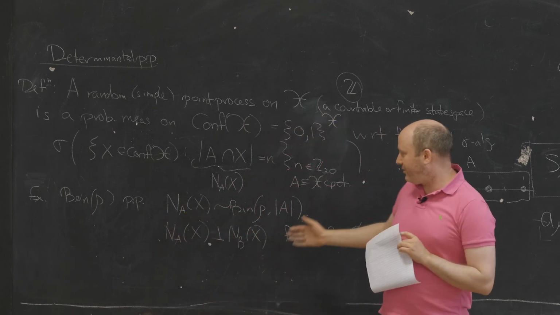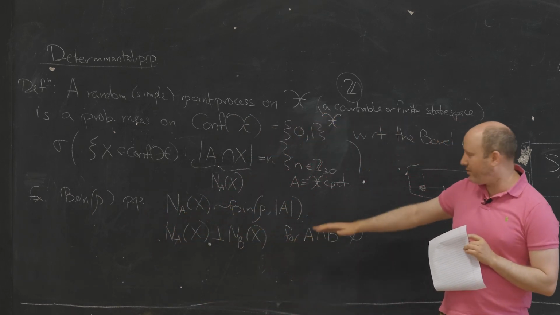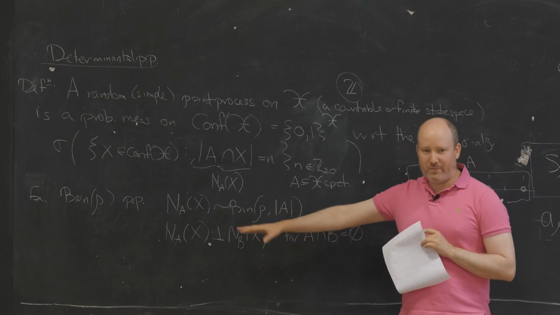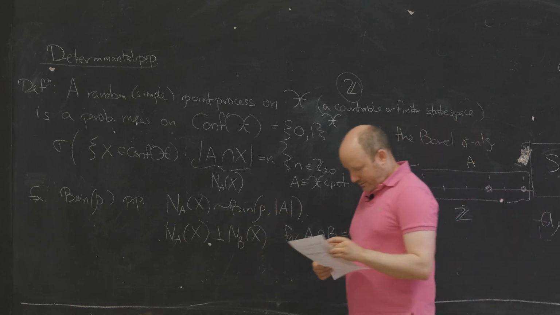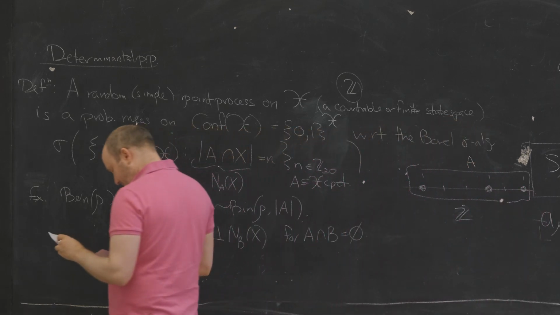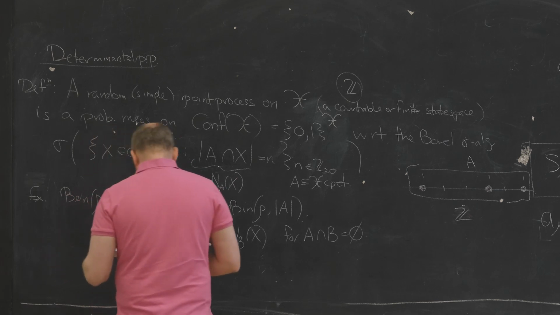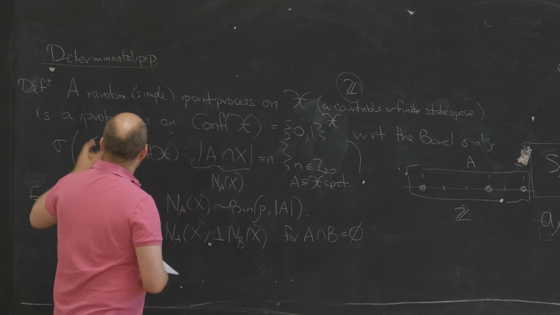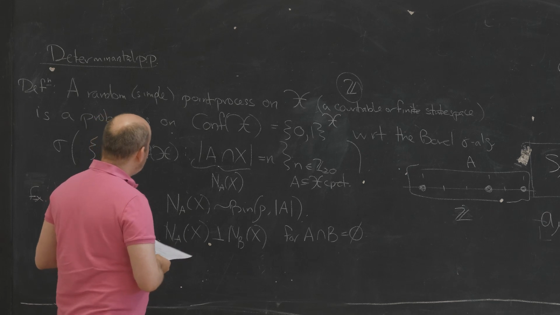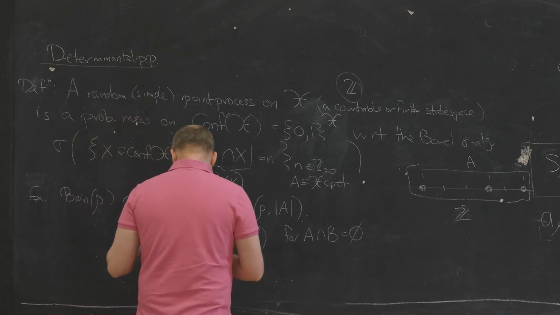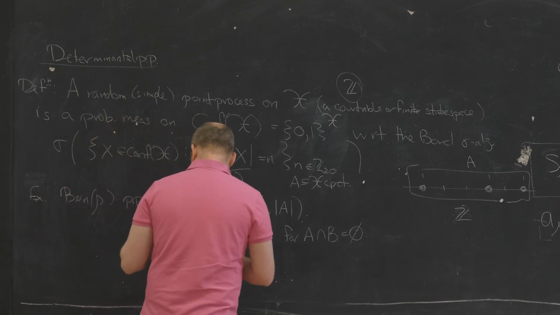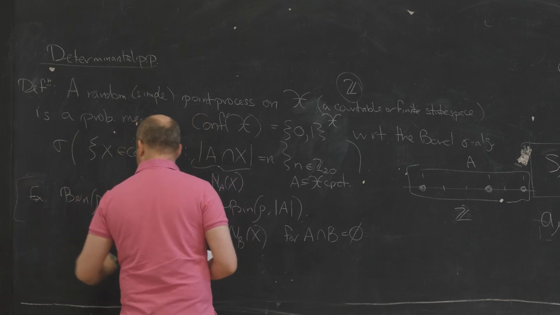This is like the characterization of the Poisson point process, right? Poisson number and then this independence in space. This is an example.